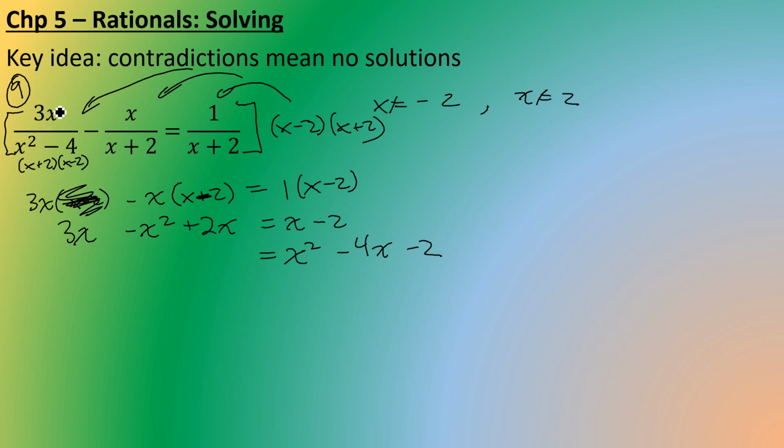Alright, so let me double check everything. We have 3x. We're clearing by x minus 2, x plus 2. So these cancel. So there's 3x. I have minus x. That's good. X plus 2's cancel. So I have x minus 2. Now, no, I don't need to do the x plus 2 twice. Just having it once is good enough.